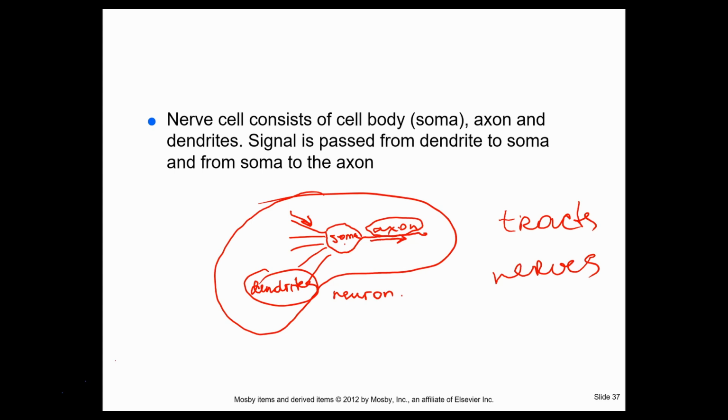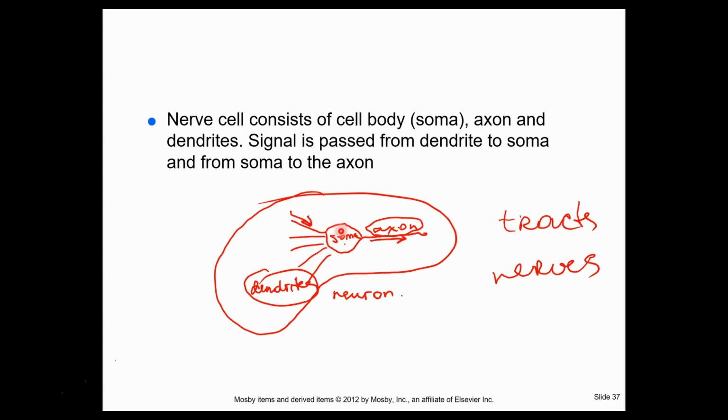Soma is the body, the main part of the neuron. Then you have dendrites. Through dendrites, the information comes to the neuron. And then you have the axon. Through the axon, the electrical impulse is sent to other cells, maybe other neurons, or maybe your muscles, or any other organs that are innervated will receive the impulse from the neurons.